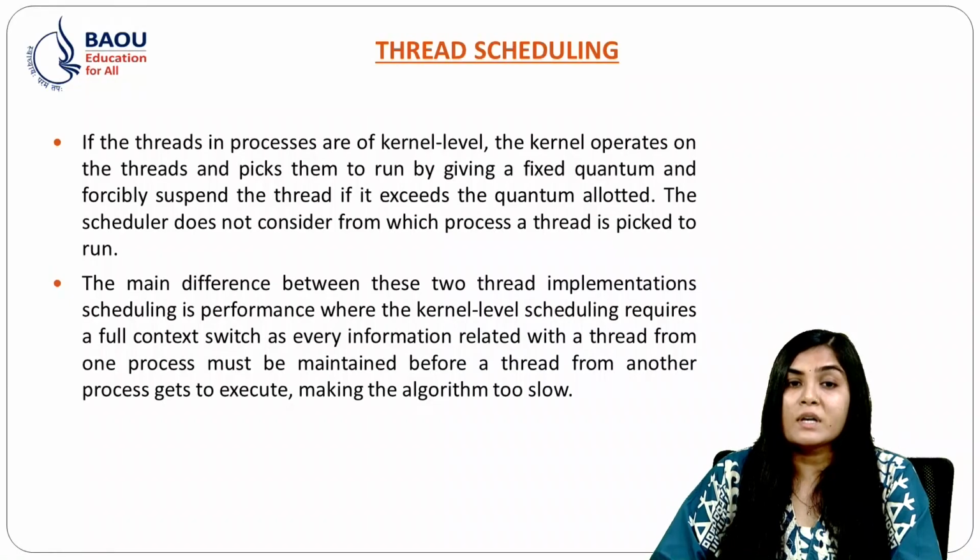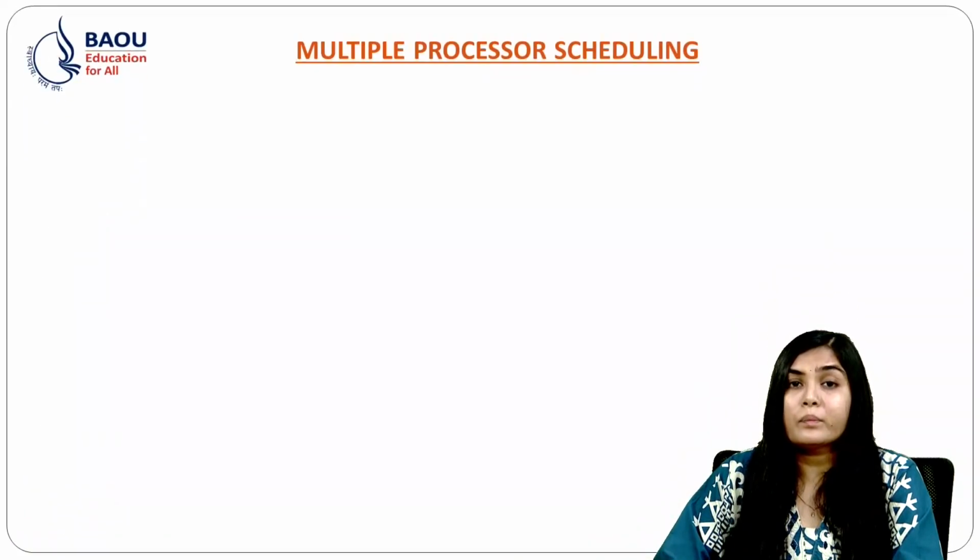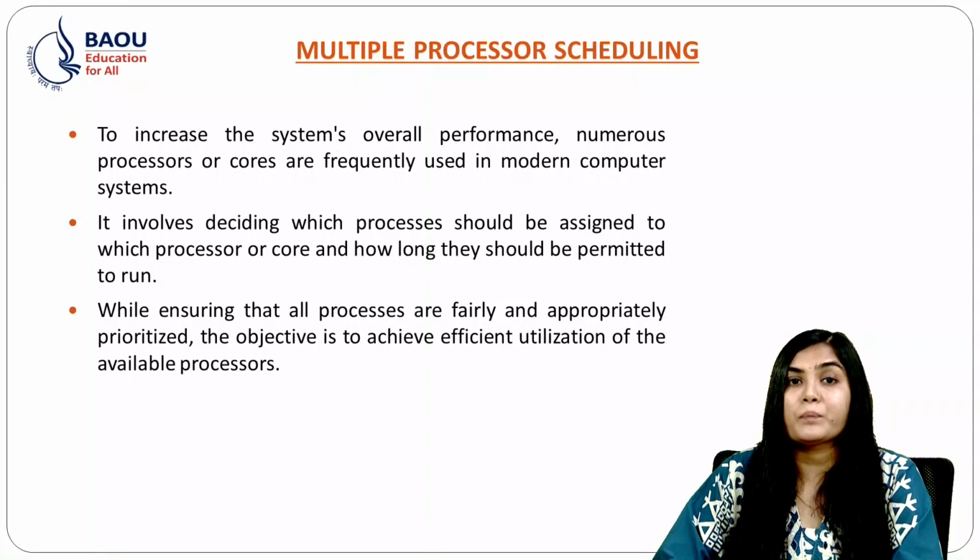Here the main difference between these two thread implementations scheduling is performance, where the kernel level scheduling requires a full context switch, as every information related with a thread from one process must be maintained before a thread from another process gets to execute, making the algorithm too slow. So in the next slide we will see what is multiple processor scheduling algorithm.